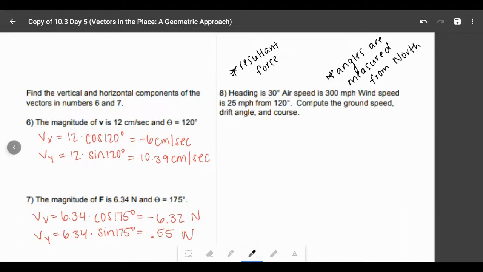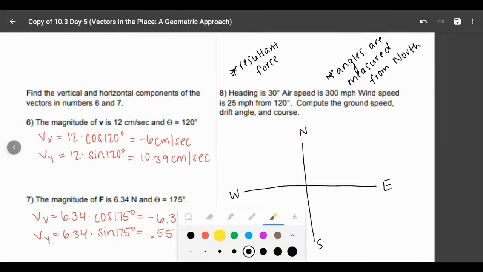Okay, so we're talking about moving here. The first thing that I'm going to do is a quick XY plane, and we'll call it north, east, south, and west.